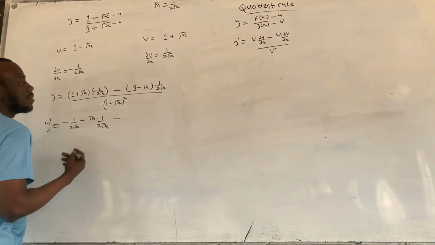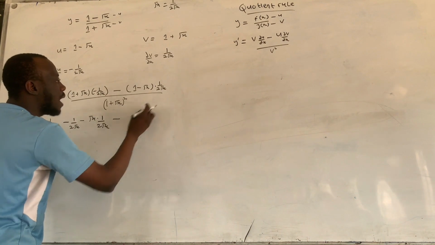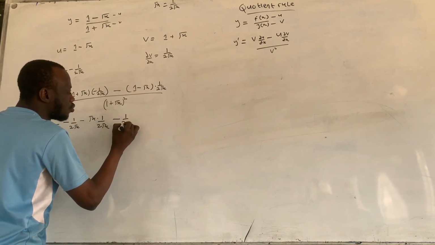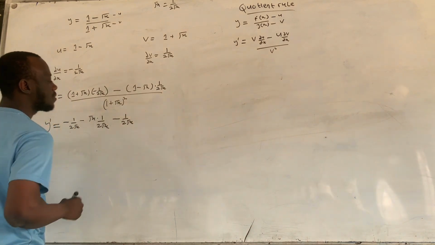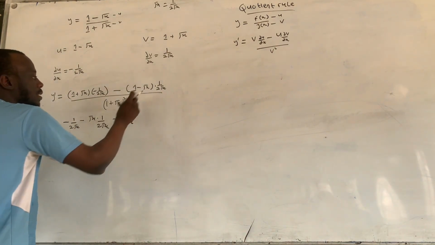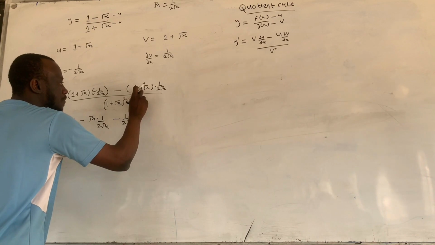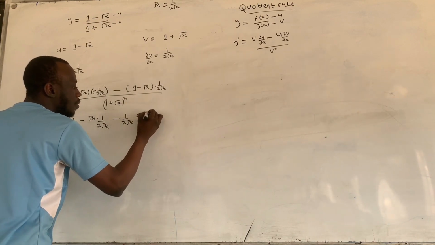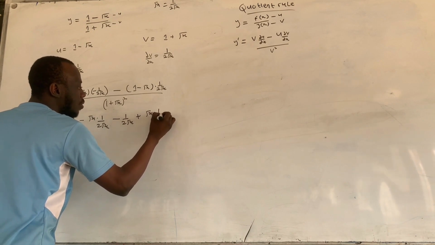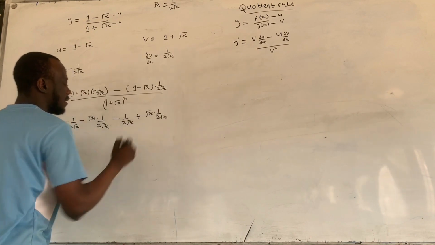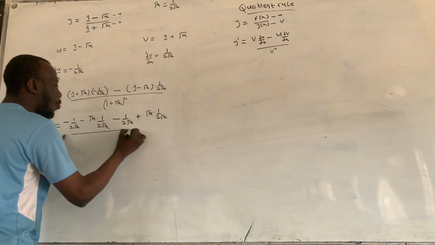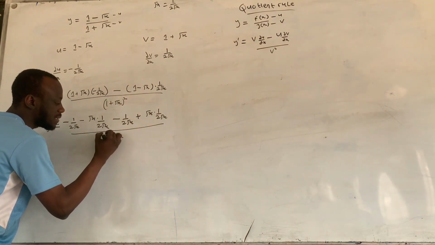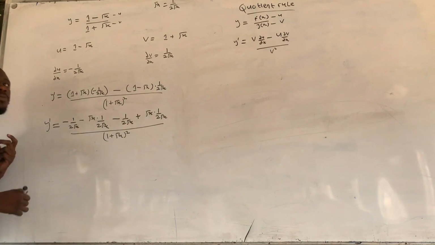Again minus, minus times minus gives plus, we have root x times 1 all over 2 root x, all over 1 plus root x squared.